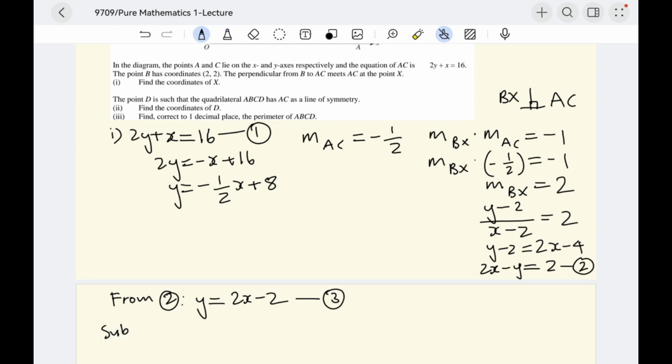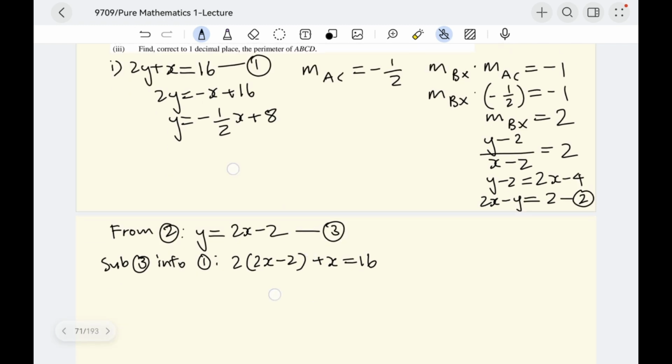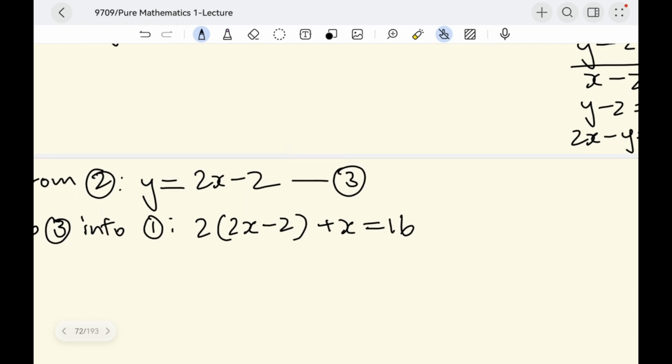Substitute equation 3 into equation 1, so I have this, to get rid of one of the variables.